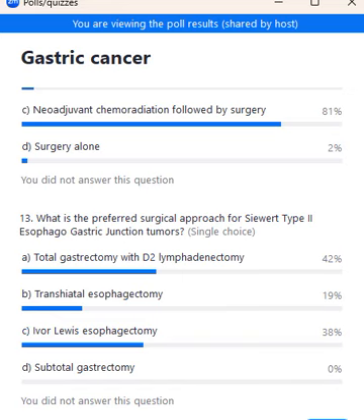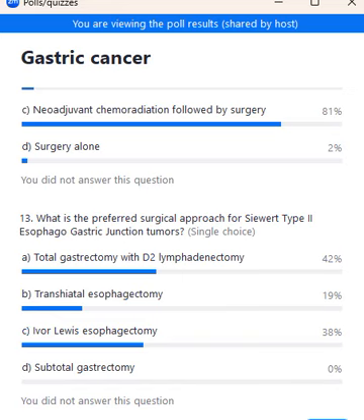Question number 13. What is the preferred surgical approach for Siewert type 2 esophagogastric junction tumor? Option A, total gastrectomy with D2 lymphadenectomy. Option B, transhiatal esophagogastrectomy. Option C, Ivor-Lewis esophagectomy. Option D, subtotal gastrectomy.